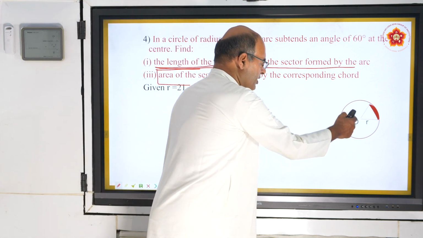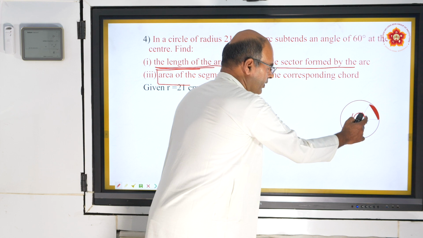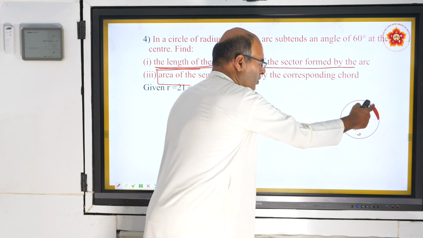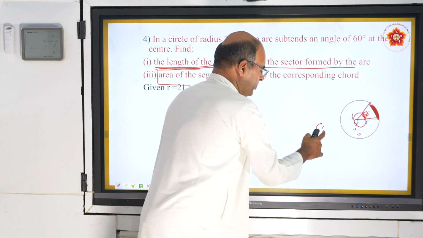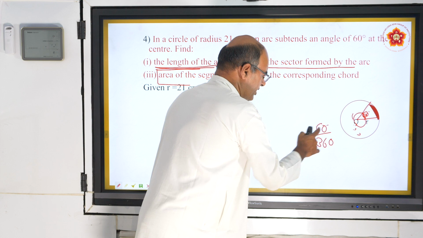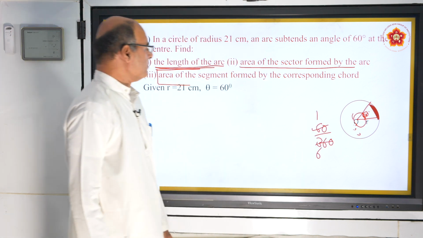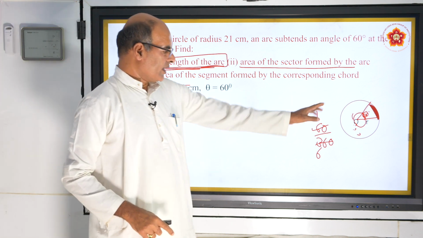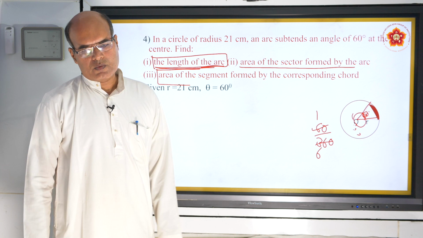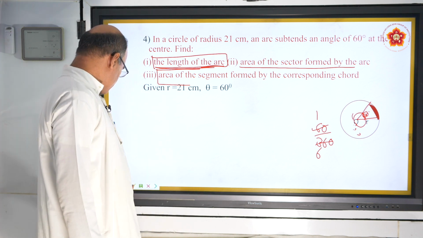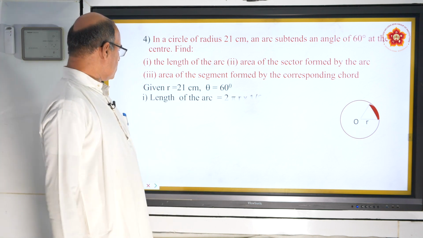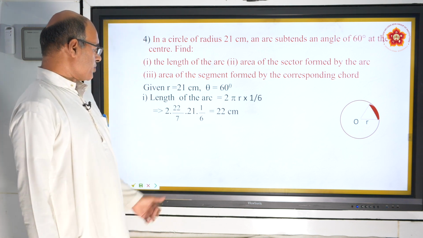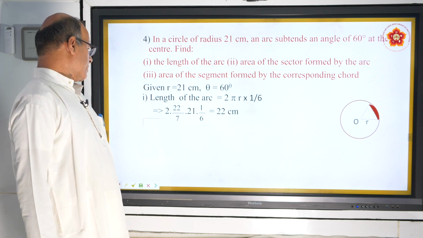The complete angle is 360 degrees here, and the given angle is 60 degrees. Therefore the arc is 60 by 360, that is 1/6 of the total circumference. So for the first question, the length of the arc is 1/6 of 2 pi r. If you substitute, we get 22 centimeter.